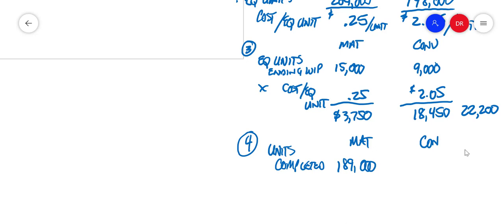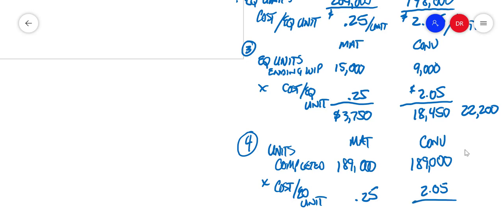Conversion, also 189,000 units. We take the cost per equivalent unit, which is 25 cents here, and $2.05 here. Okay.